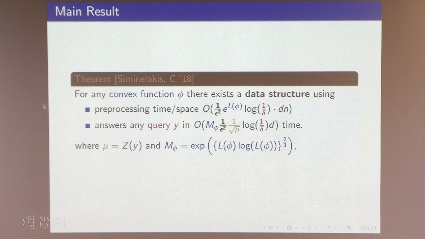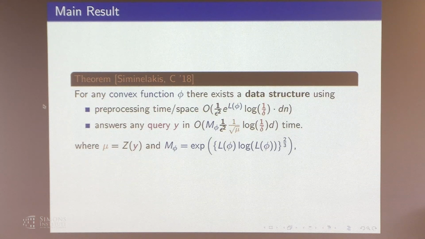Okay, so here's the result. You should think of this result as an extension of the previous results to a more general class of functions. For any convex function phi, you can design a data structure where the query time is proportional to 1 over square root mu.